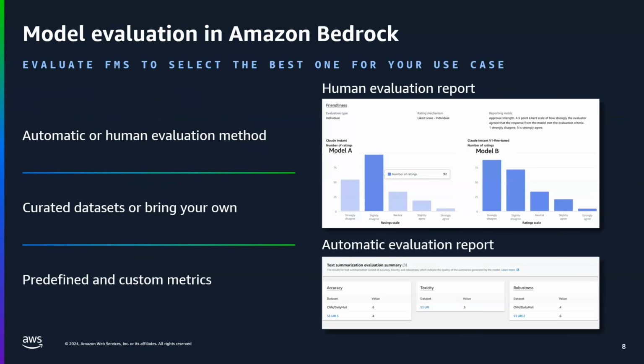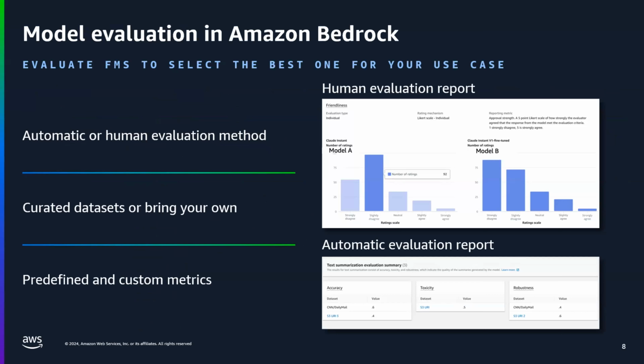One of the key features is model evaluation. So this is something that comes up a lot. How to pick my model or how to evaluate the model that you have. So there is a feature in Bedrock called model evaluation where you have two methods of evaluating your output from your model. There's an automatic model evaluation where we're using curated data sets to automatically give you some feedback on accuracy, latency, and cost from the model's behavior.